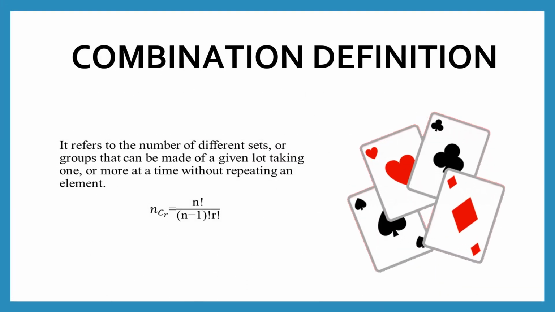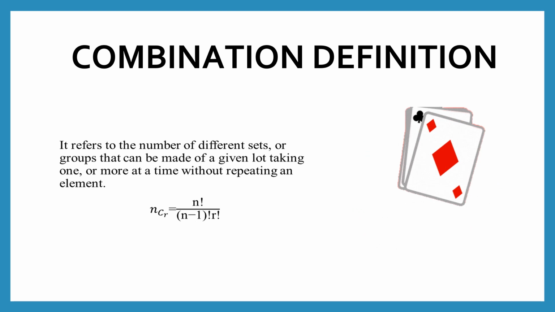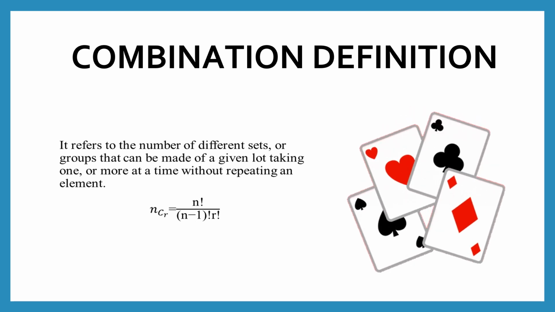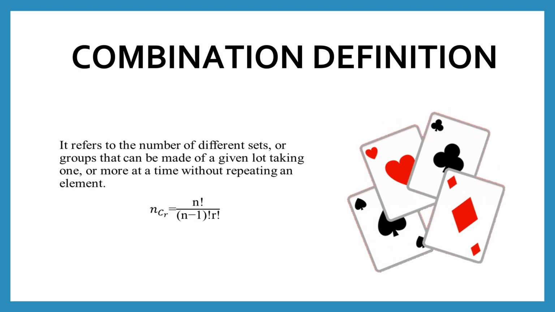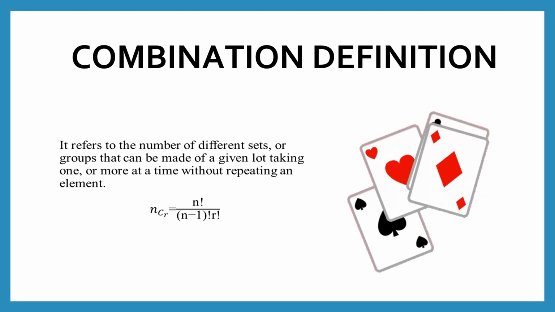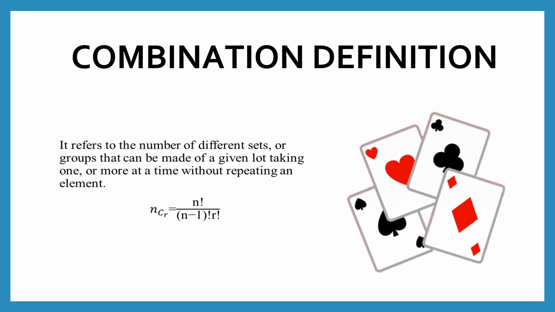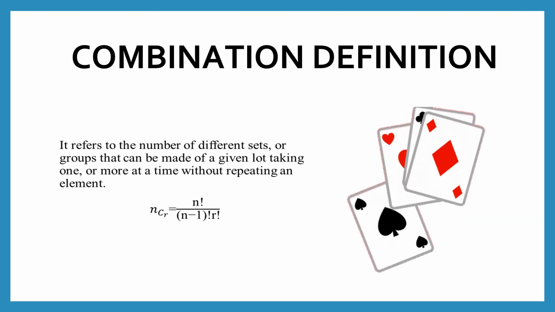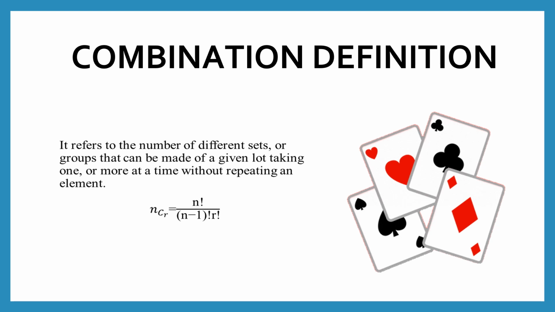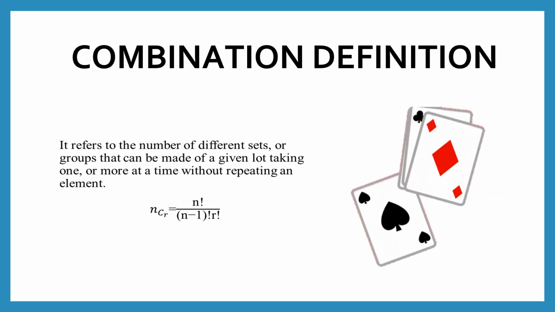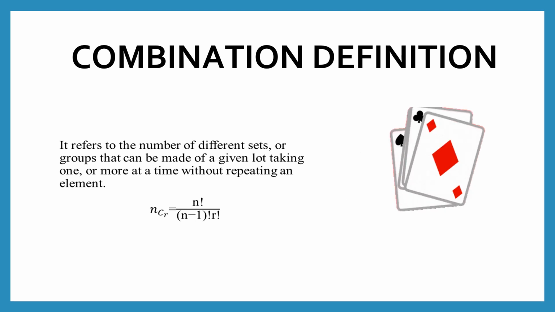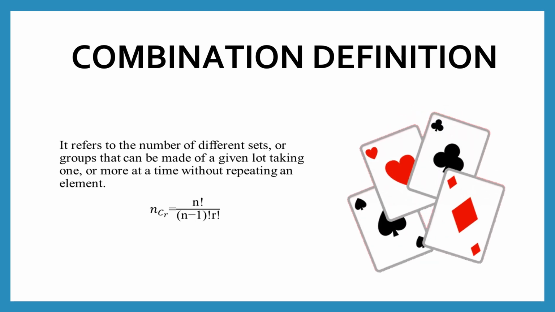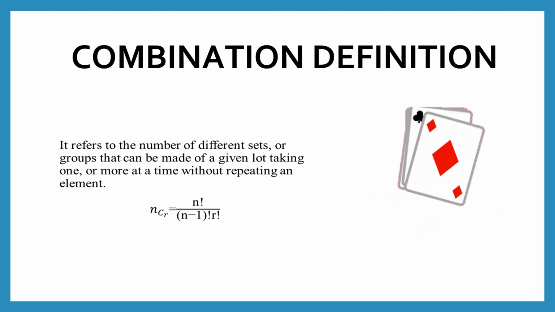Now, combination. Combination refers to the maximum possible numbers of arrangements that can be made of a given number of things taken one or more of them at a time in only one of the different possible orders. In other words, it refers to the number of different sets or groups that can be made of a given lot, taking one or more at a time without repeating an element.